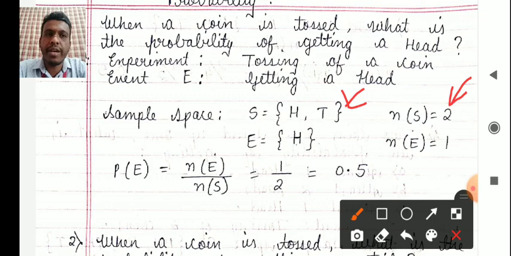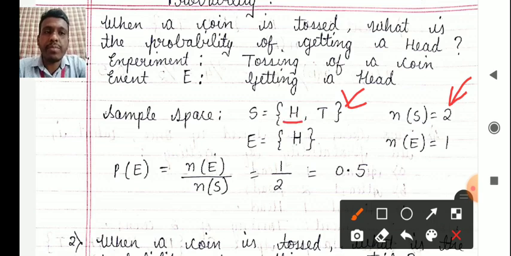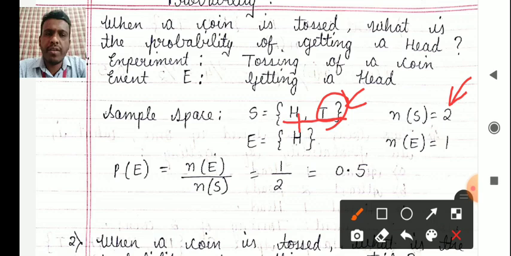Because H, T: number of items in the sample space, 1, 2. Now what was the event? Event was getting a head. Now you have to look at this sample space. Where are you getting a head? Only 1, so bring that down. Are you getting a head here? No, it is a tail, so it will not come down. Fine. So E is equal to {H}.